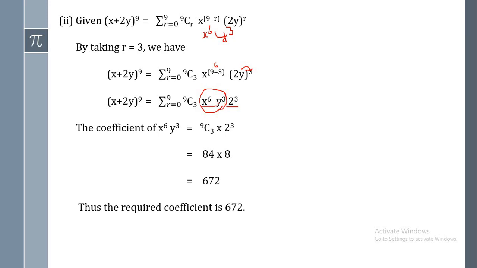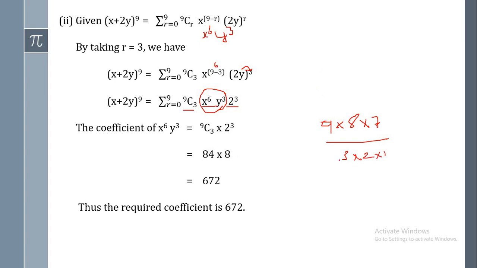Except these terms, the remaining part in this equation will become the coefficient of this term. So what are the remaining terms? 9C3 and 2 cube. If we evaluate, 9C3 means 9 into 8 into 7 divided by 3 into 2 into 1.